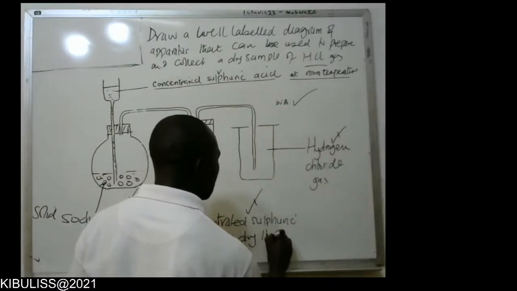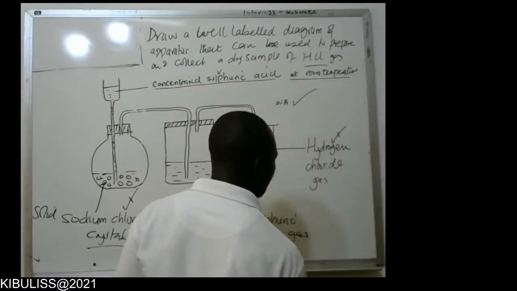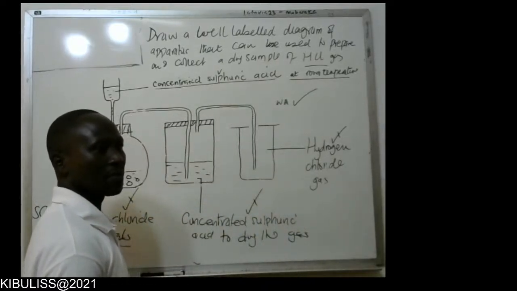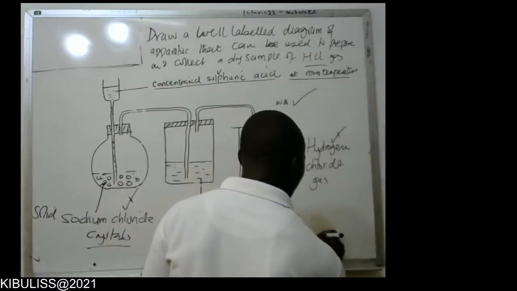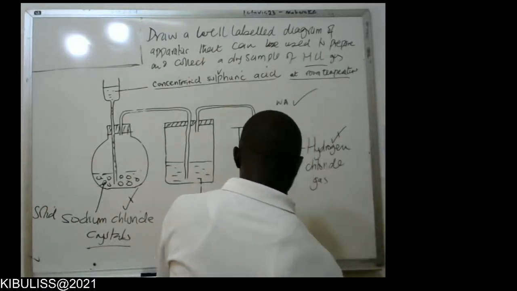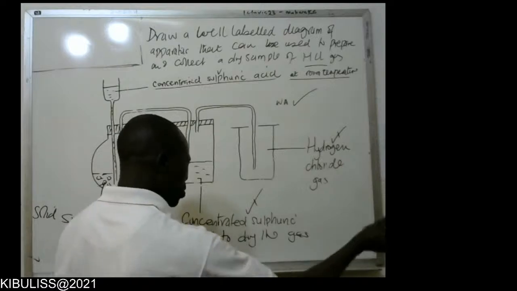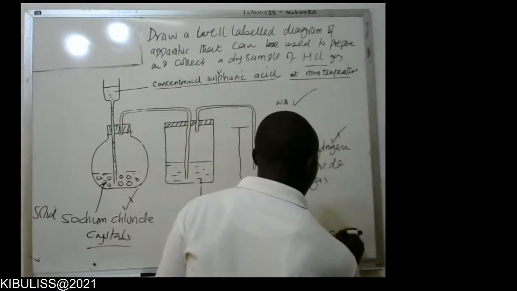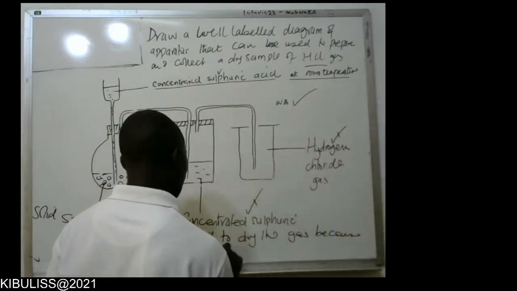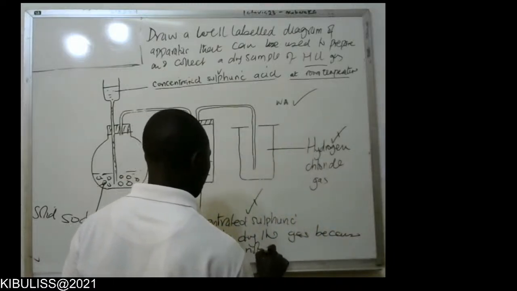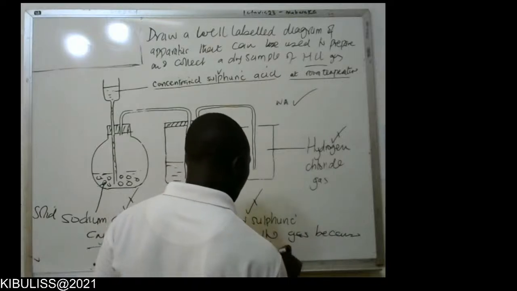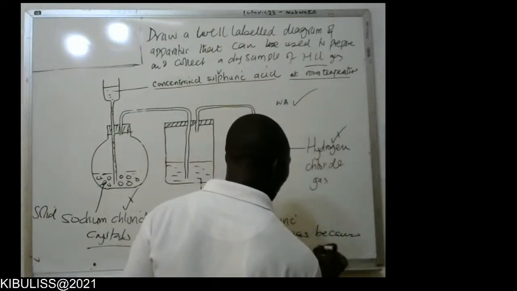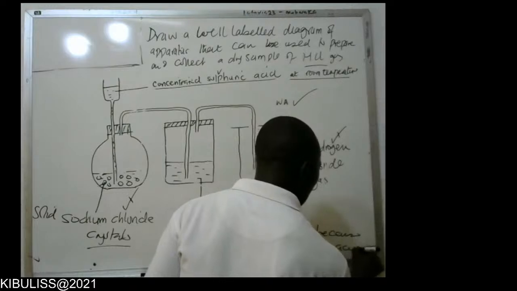To dry the gas, since it is also acidic and does not what? React. Write the information: to dry the gas, because it does not react. In brackets, I can even say the gas is also what? Acidic. Communicate.